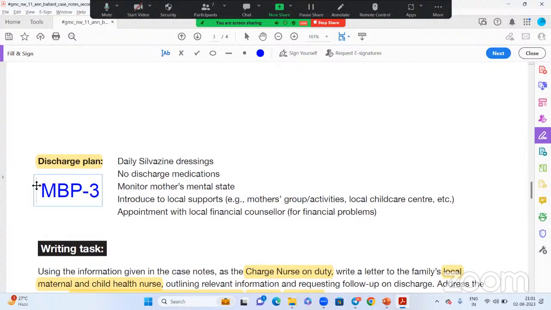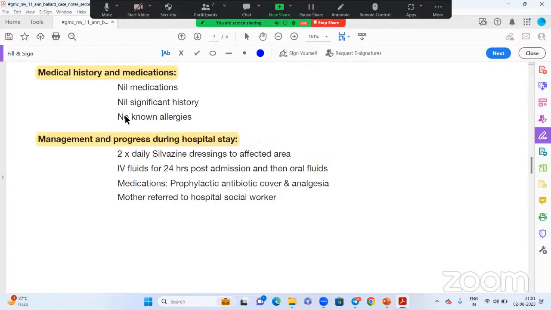Next, this one, during hospitalization. This will be main body paragraph 2.